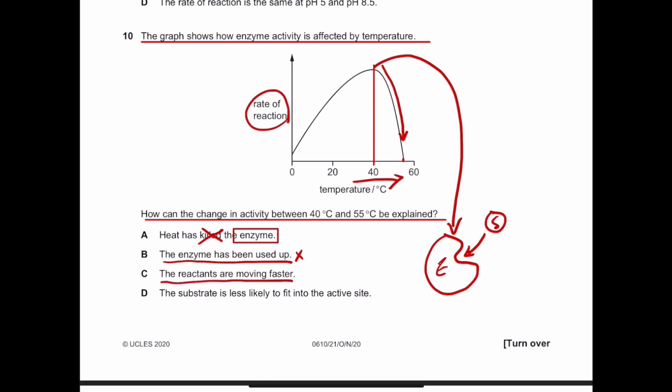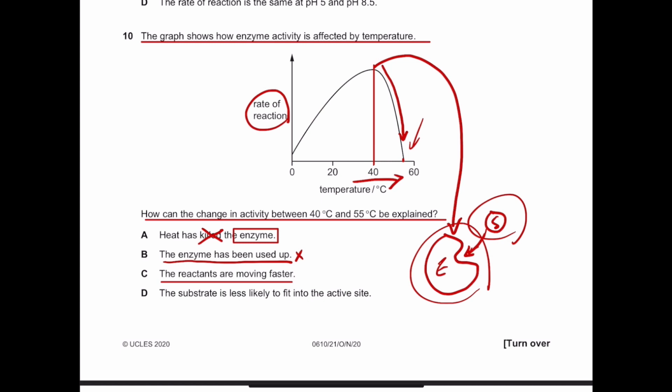C, the reactants are moving faster. Yes, of course, the substrates, which can also be considered reactants, are moving faster, which means they will have more collisions, and the rate of reaction will remain high. But you can see that it's not. The activity has halted.